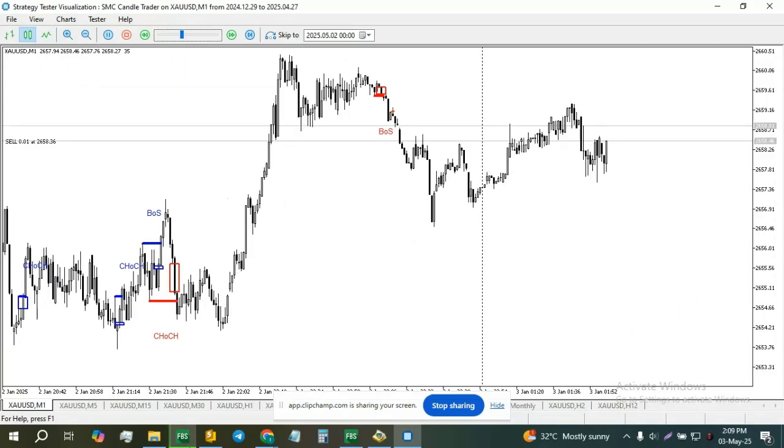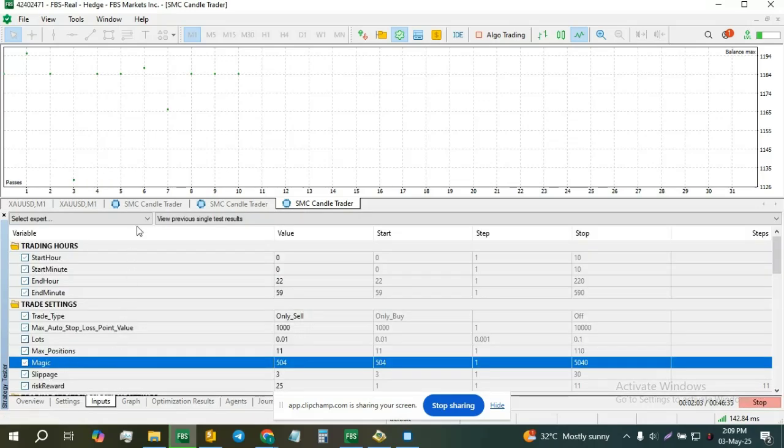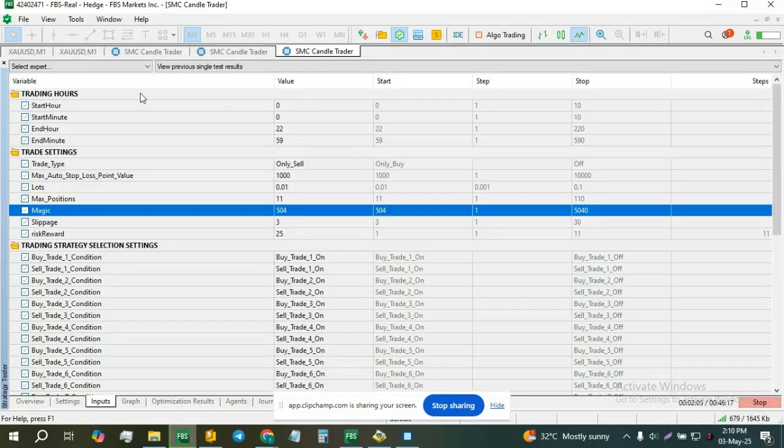Other features of the EA include the trading hours selection and the maximum stop loss point value that allows you to avoid runaway trades.